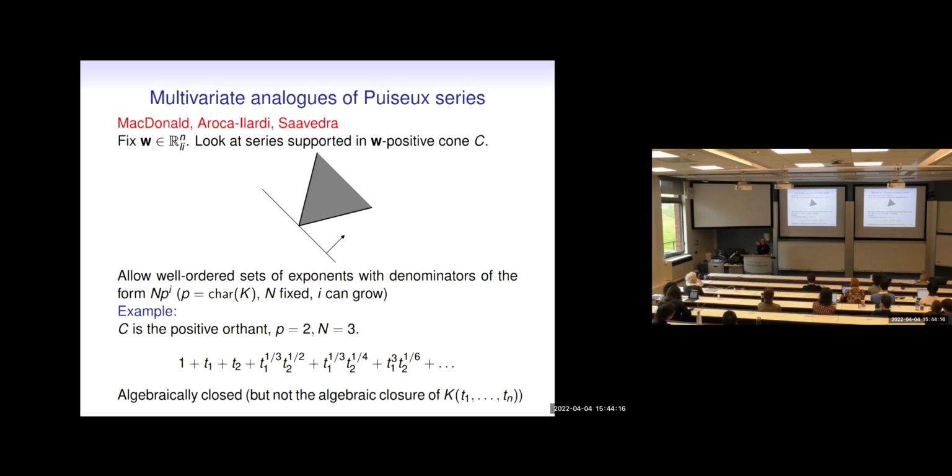This choice of W is the same as the one-variable choice of T or T inverse, because in one variable there are only two directions, plus or minus, whereas as we go to more variables, you get many more choices. Okay, so maybe I should pause for questions.